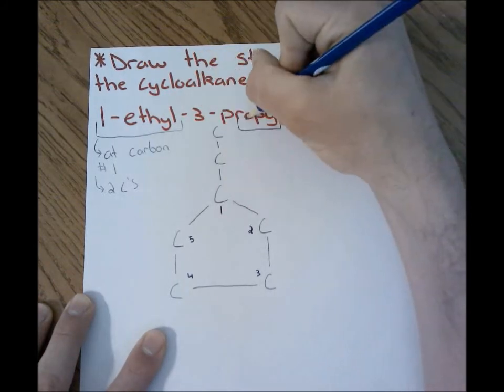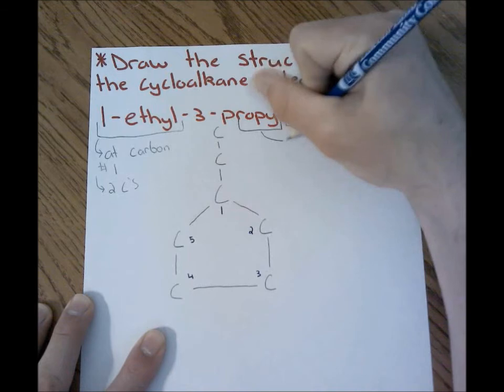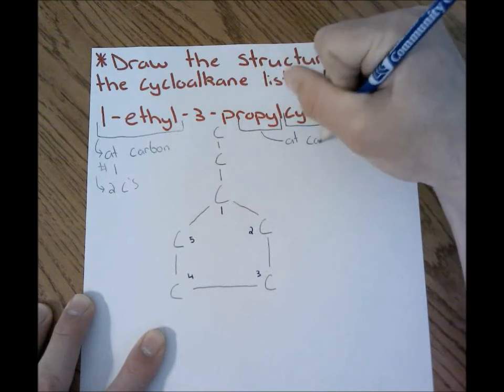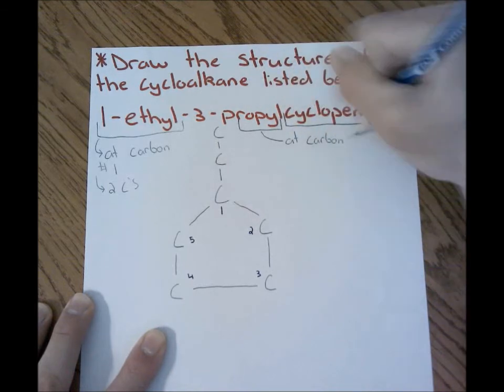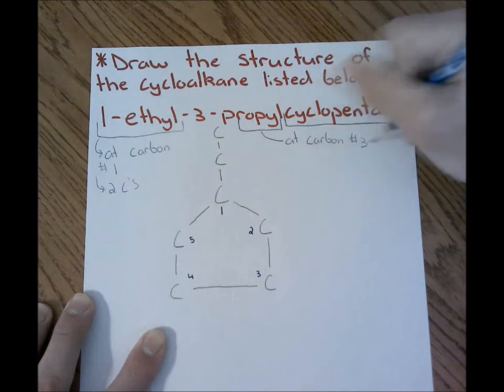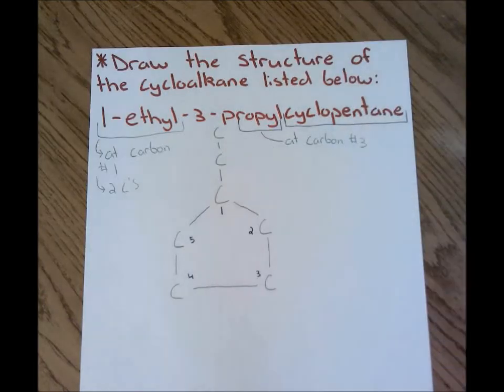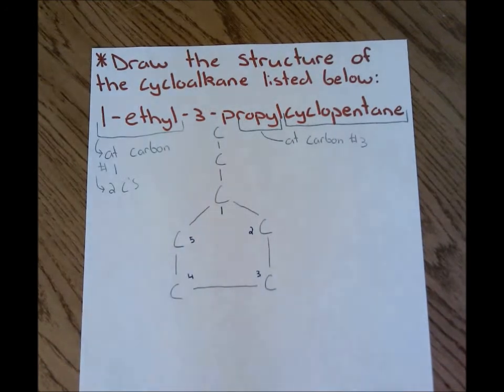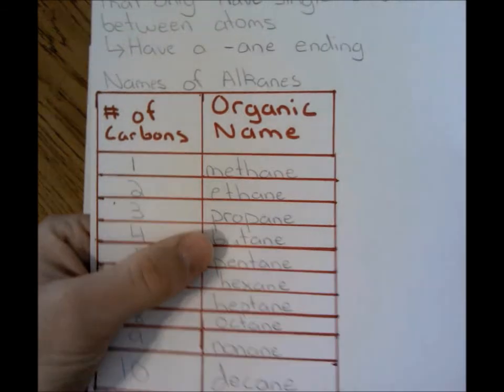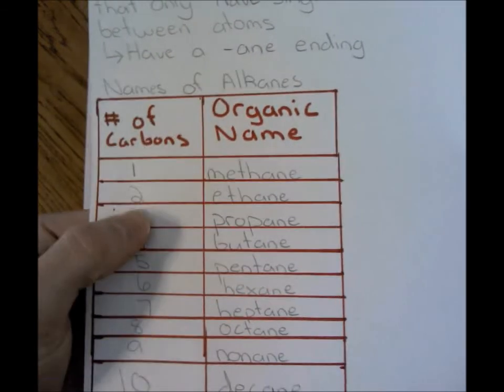Now again, the YL ending was changed from ANE. So if we look on our sheet here, we have our propane, which indicates that there are 3 carbons. So again, I like to note that before I write it. So at carbon 3, there are 3C attachments.